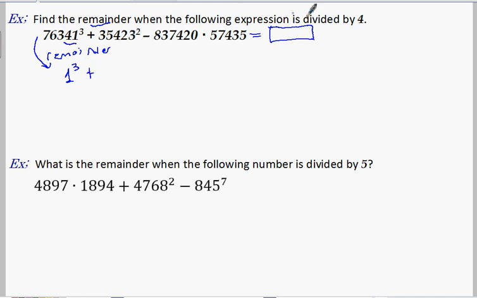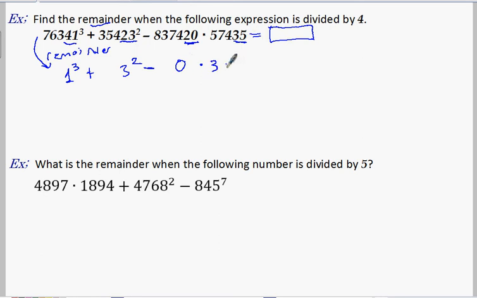From this number, when you divide by 4, the remainder is 3, and we need to take the square of this remainder as well. Then minus. From this number, when you divide it by 4, the remainder is 0. Then times this one, 4 times 8 is 32, plus 3 makes 35.